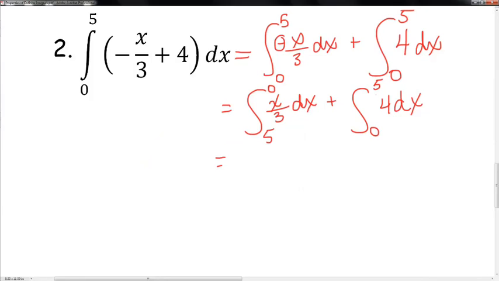So this gives me the antiderivative of x squared over 6 going from 5 to 0, plus 4x evaluated from 0 to 5.